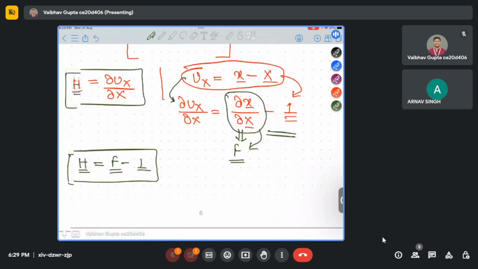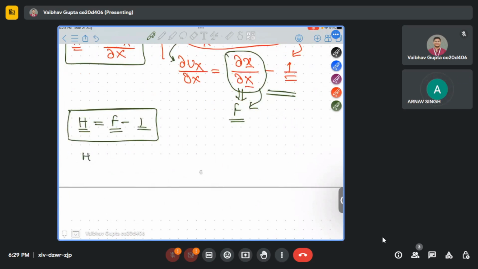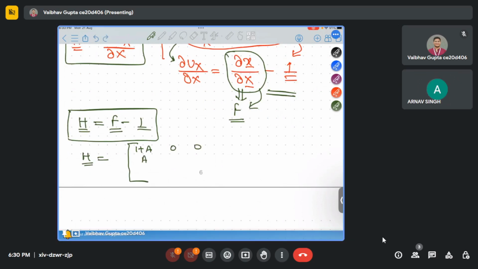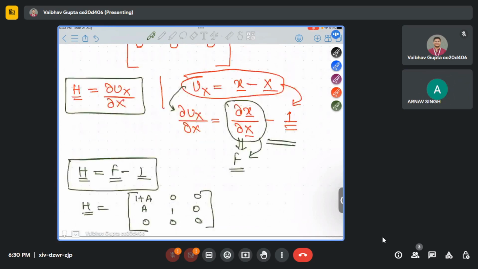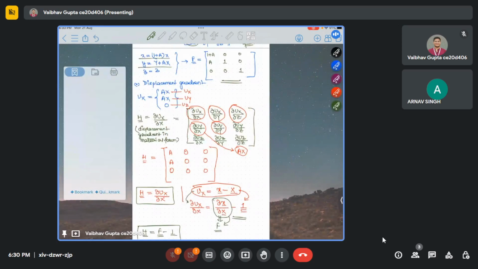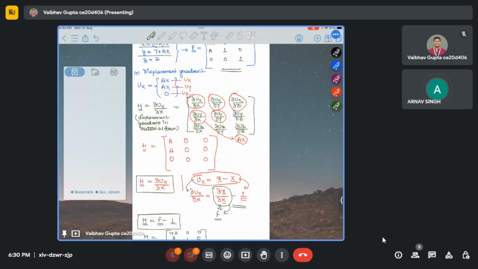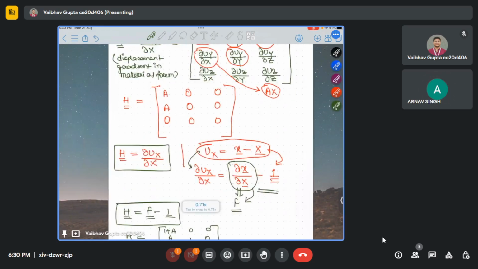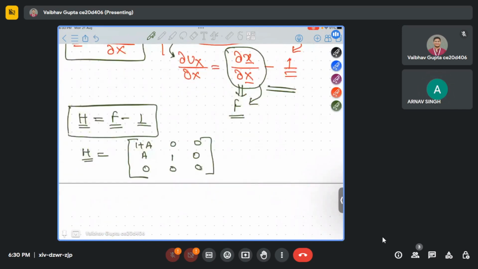So we will check whether our answer is correct or not. H is equal to F minus identity matrix. F is 1 plus A, 0, 0, 0, 1, 0, 0, 0, 1. This F and this F are the same.